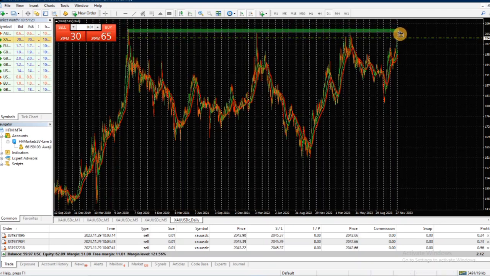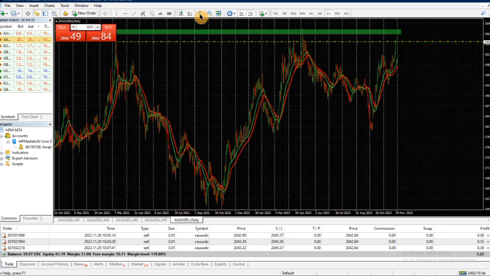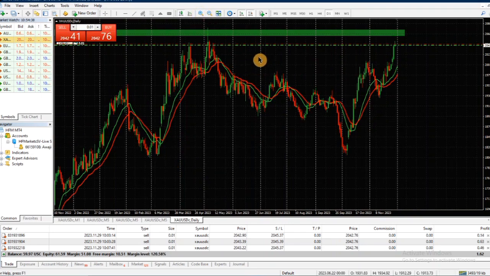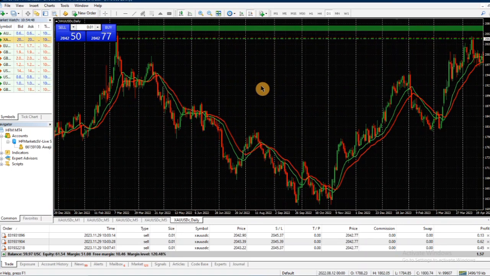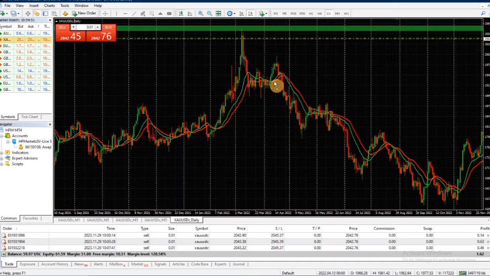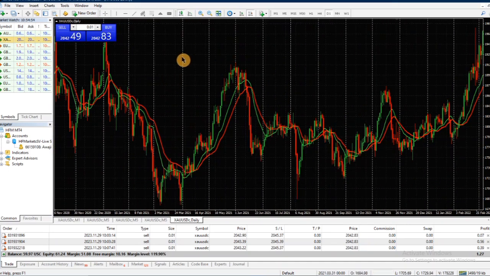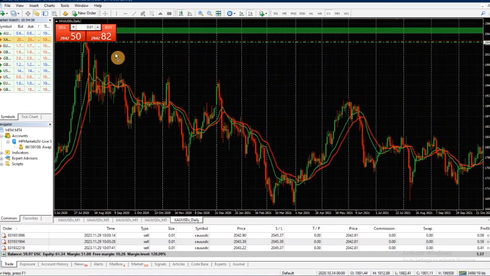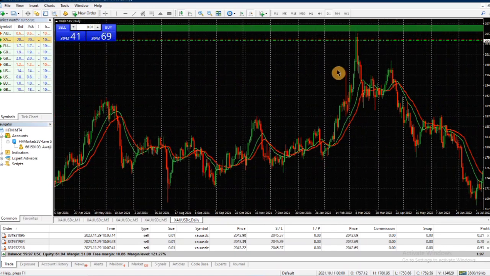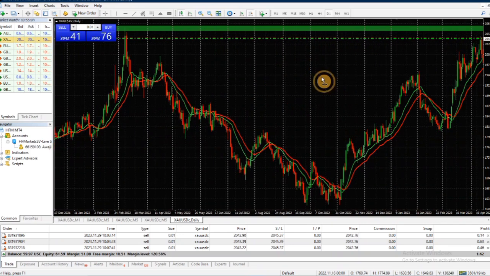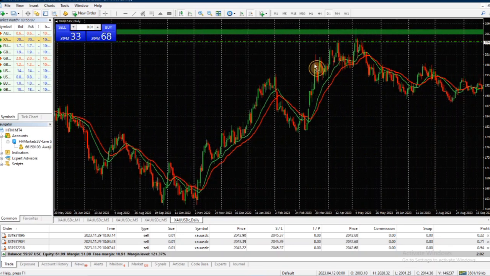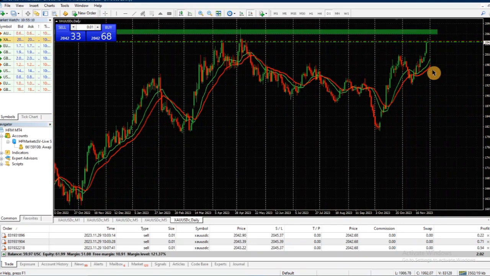If I zoom out, you can see that this is a very strong resistance area on the chart, where the market always retests and then bounces back or moves a little bit down, and then goes back to test it again. So that is a very great level.